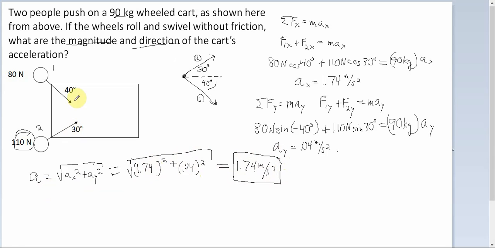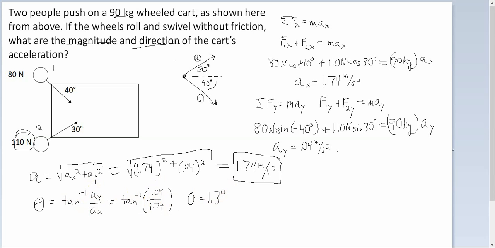Then we want the direction as well, and to get the direction, we say that theta is equal to the arctangent of ay over ax, which is the arctangent of 0.04 divided by 1.74.